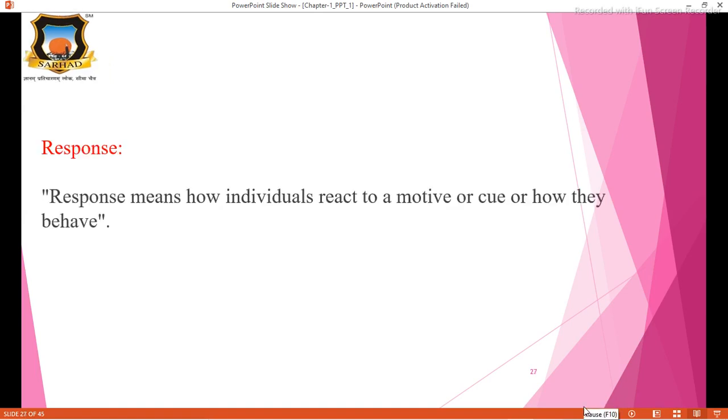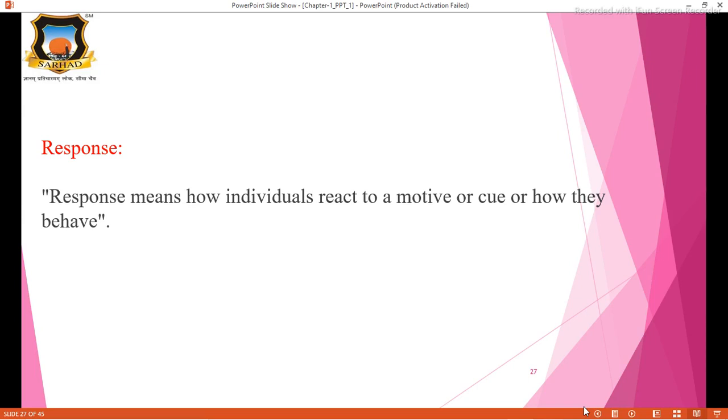The next is responses. Responses means how individuals react to a motive or a cue, or how they behave. Learning can occur even when the responses are hidden or not overt. The automobile manufacturer that provides consistent cues to a consumer may not always succeed in stimulating a purchase.